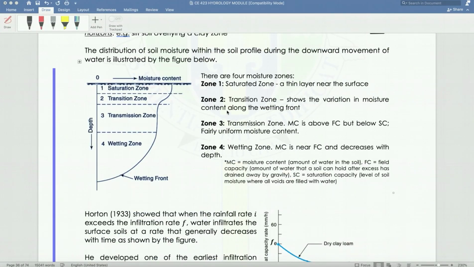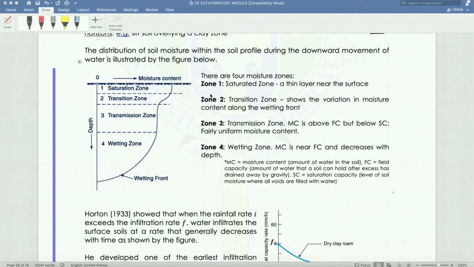Okay? Next, we have here the distribution of soil moisture within the soil profile during the downward movement of water. Okay, so I repeat, it is during the downward movement of water. So, we have here the cross-section of the soil profile, and it shows us here 4 different zones.